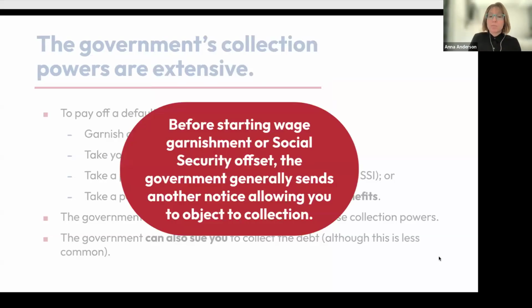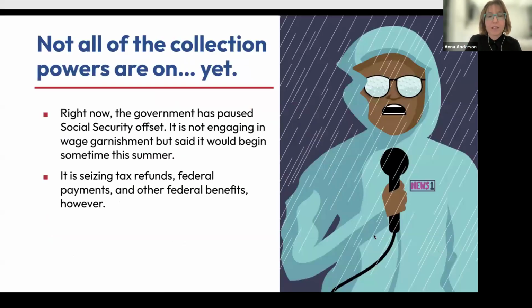One thing I just want to say is that before the government will begin any type of wage garnishment or Social Security offset, they will send you a notice just letting you know that they are going to take this action, that will give you a short period of time to try to object to the collection activity.